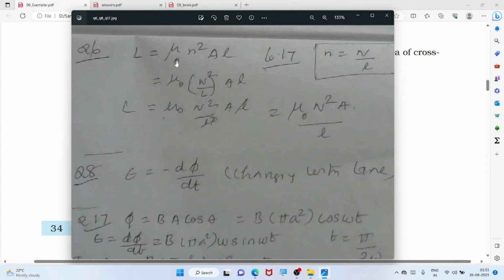Here you substitute for n, the turns per unit length, the total number of turns divided by the length of the solenoid. When you substitute this, the l will cancel, and the formula will become like this.